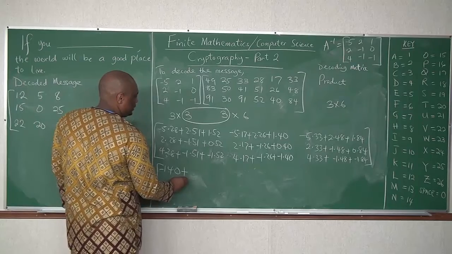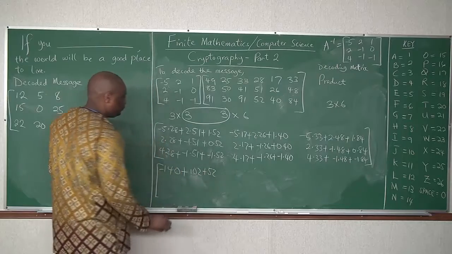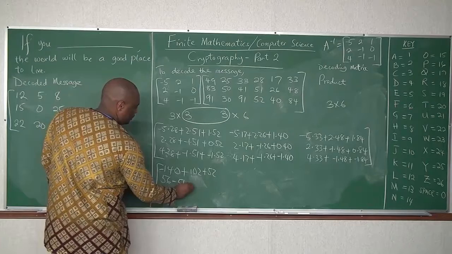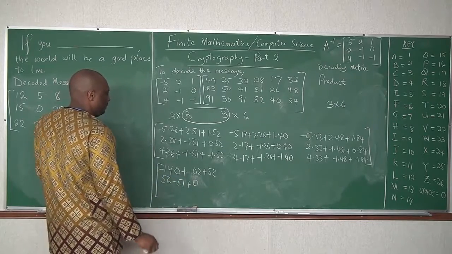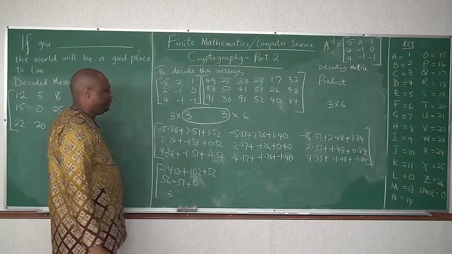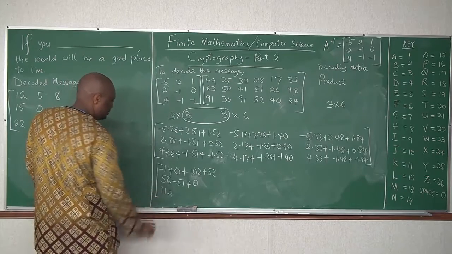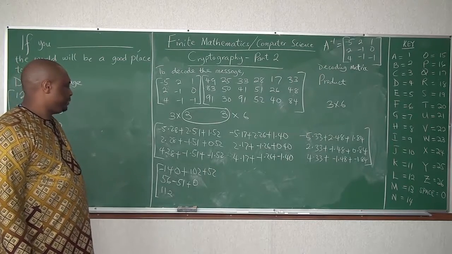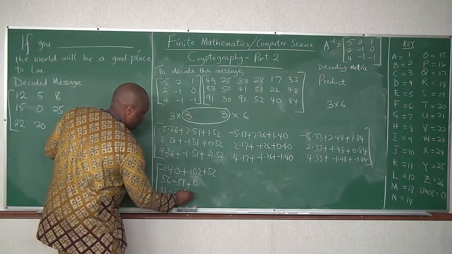Plus, this is a 102 plus 52. 2 times 28 is 56 minus 51 plus 0. 4 times 8 is 32, 2 carry 3, 4 times 2, 8 plus 3, 11, right? Minus 51, minus 52.